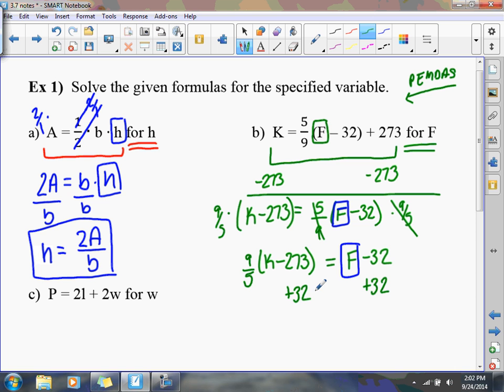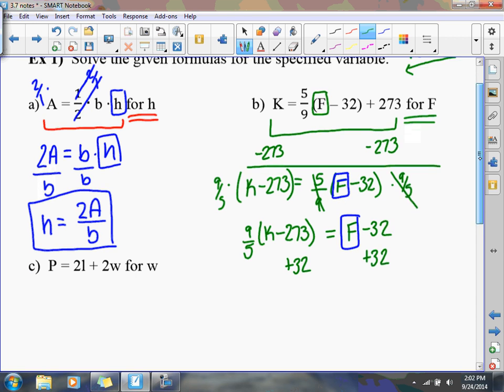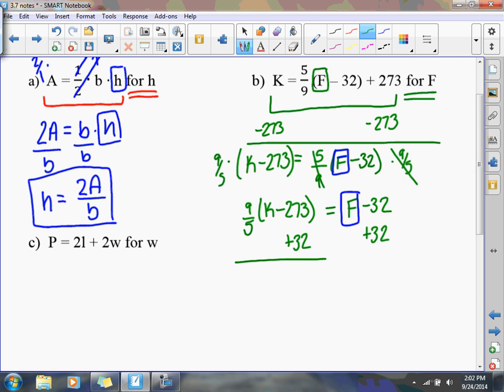Now I know that 273 and 32 are both numbers, but this 273 is being subtracted from the K. It's inside those parentheses. So I'm not really going to add them together, okay? I'm going to write the 9 over 5 times (K minus 273). And then I'm just going to put the plus 32 at the end.